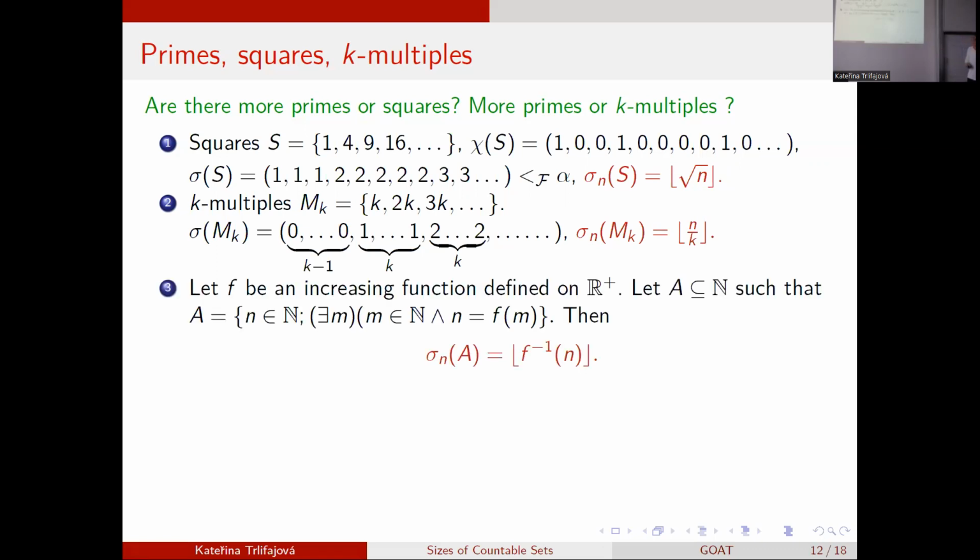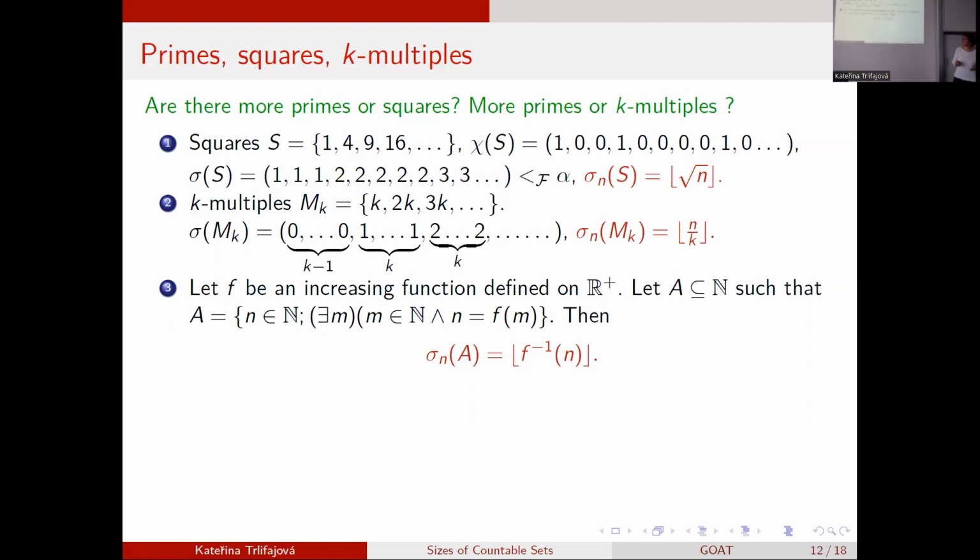And for any increasing function f defined on positive real numbers, if a set A is defined by the axiom schema of specification as the set of all n such that there is an m with n equals f of m, then the nth term of its size sequence is an integer part of this.